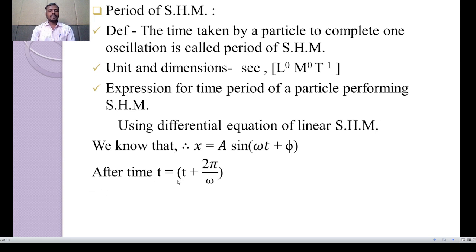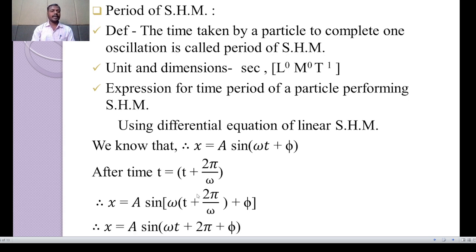After time t plus 2 pi divided by omega, putting the value of t in the above equation, we can write x is equal to a sine(omega times (t plus 2 pi divided by omega) plus phi). Multiplying omega inside the bracket, we get omega t plus omega into 2 pi divided by omega. Omega gets cancelled. So finally we can write x is equal to a sine(omega t plus 2 pi plus phi).